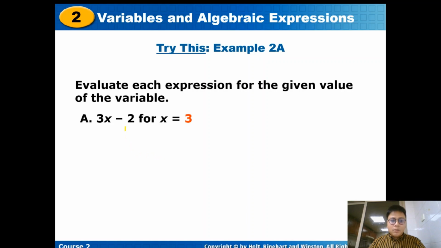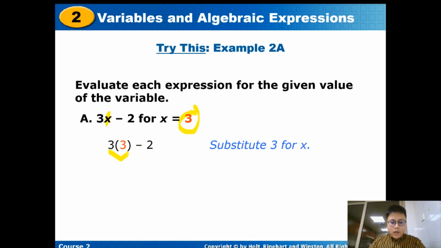Next, 3x minus 2, where x is equal to 3. Can you do this? Okay, do it now. Okay, good. So first step, substitute x. So 3 times 3, because x here is 3, minus 2.